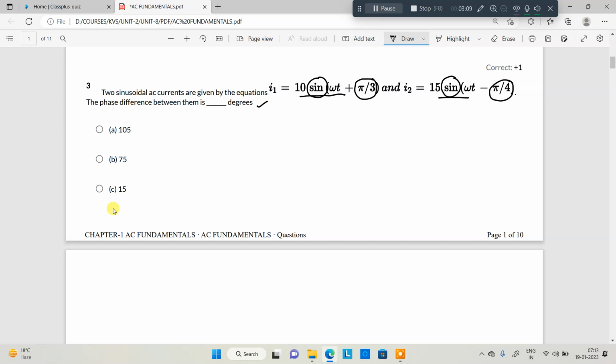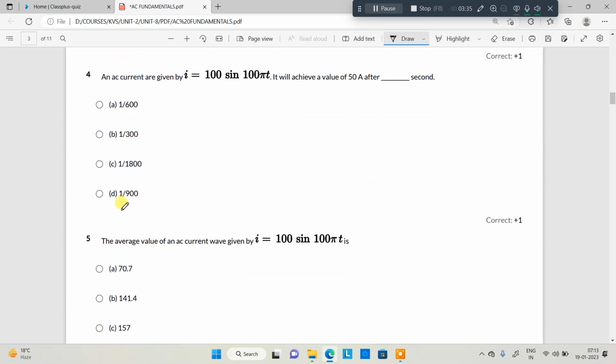Phase difference theta is equal to pi by 3 minus, the difference is minus, here already minus is there, pi by 4. That is equivalent to pi by 3, which is 60, minus pi by 4, which is 45 degrees. So that will be equivalent to 105 degrees. What is the phase angle now? 105 degrees. Okay.